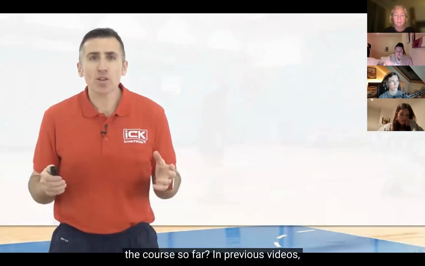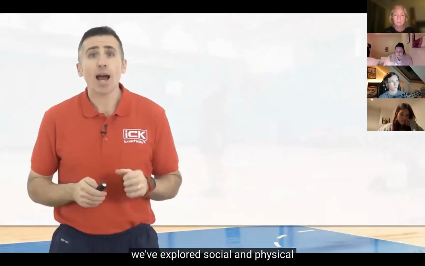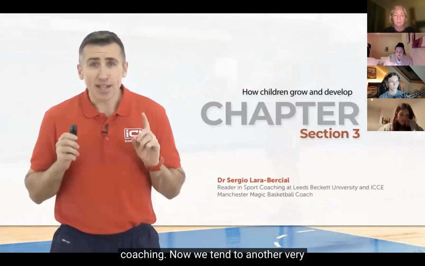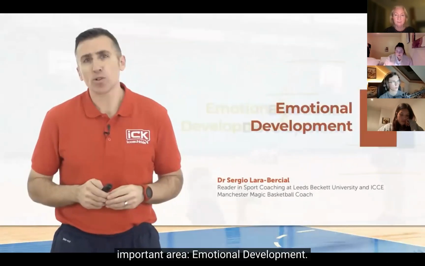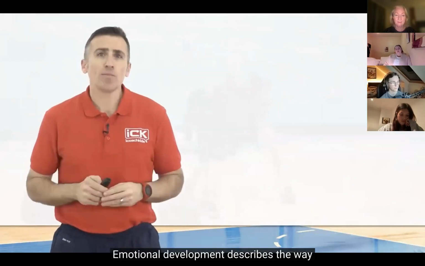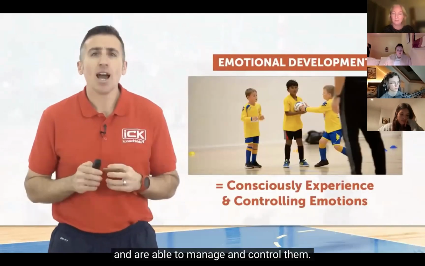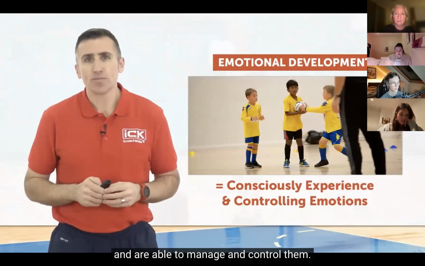In previous videos, we've explored social and physical development and their implications for coaching. Now we turn to another very important area, emotional development. Emotional development describes the way in which children increasingly experience their emotions consciously and are able to manage and control them.